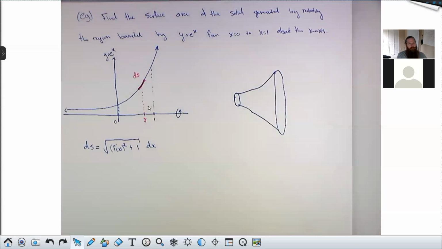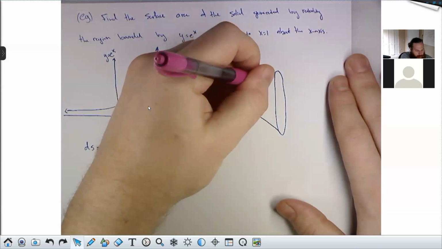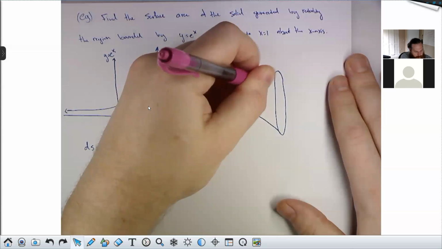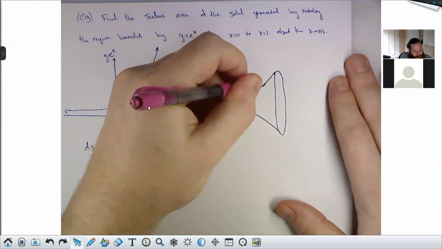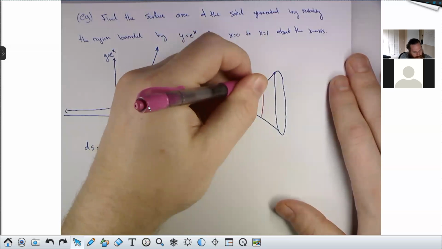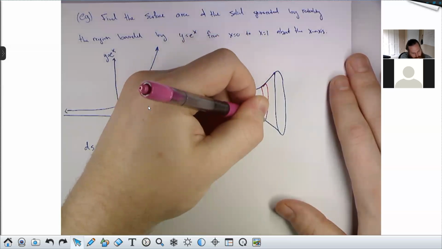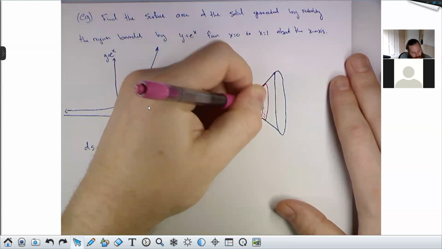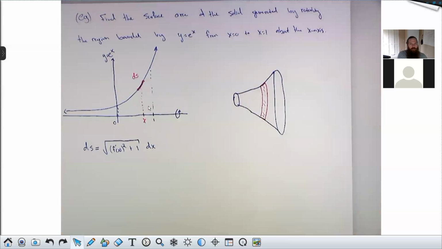That's the way to think of it. So we're thinking of this surface area as coming from rotating this tiny little piece of arc length. Because when you rotate that tiny little piece of arc length, you get this tiny little band of surface area. And if you were to add up all of those tiny little bands of surface area, that would give you the whole surface area. That's the nice thing here.